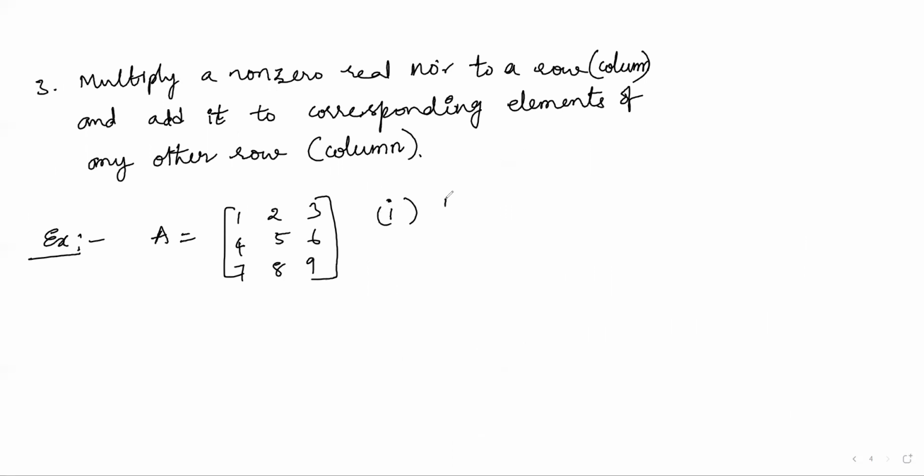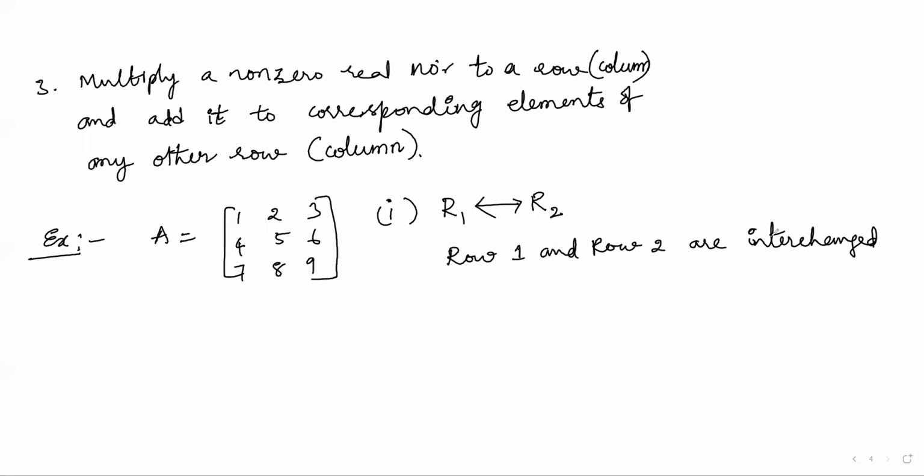We write R1, which means row 1. Row 1 I am interchanging as row 2, and row 2 I am interchanging as row 1. This means row 1 and row 2 are interchanged.